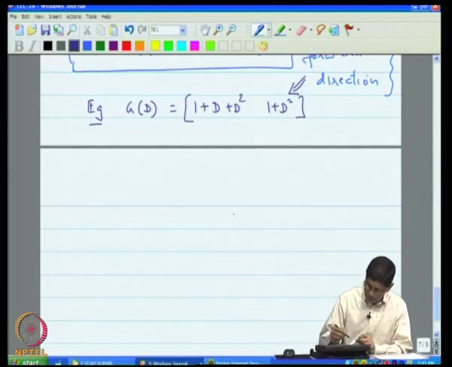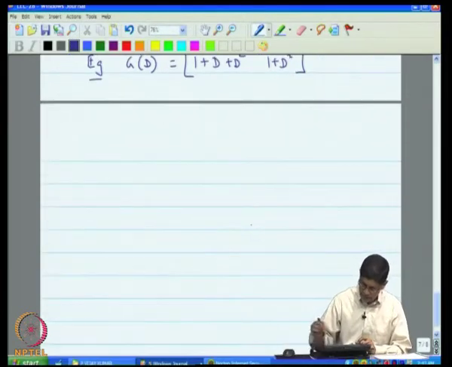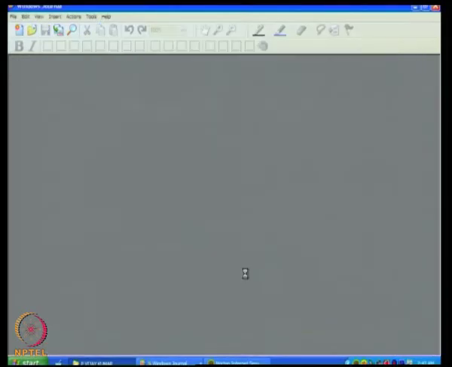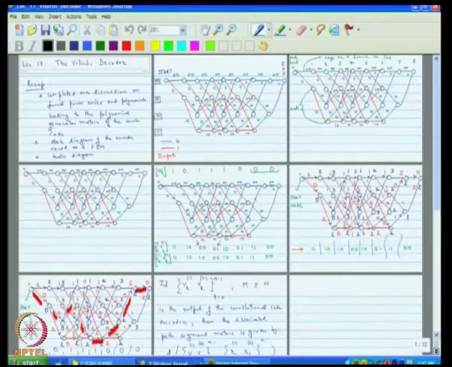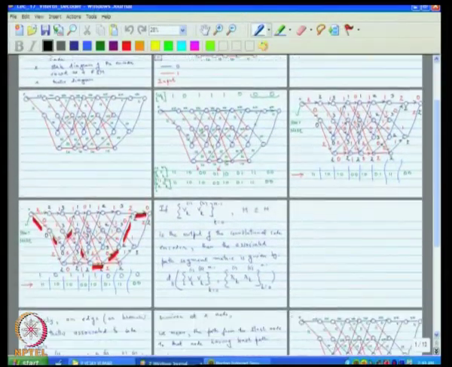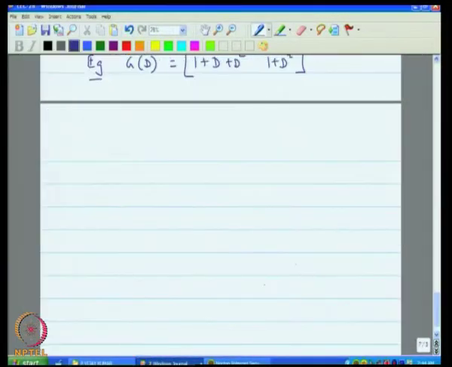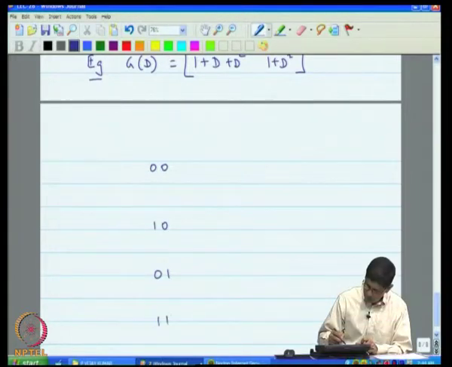So, if you recall the trellis in that case, okay, we have the trellis here, but perhaps that is more than we need. So, let us go back and draw it ourselves. In this case I just want a single section of the trellis. So, my states are going to be 0 0, 1 0, 0 1, 1 1.